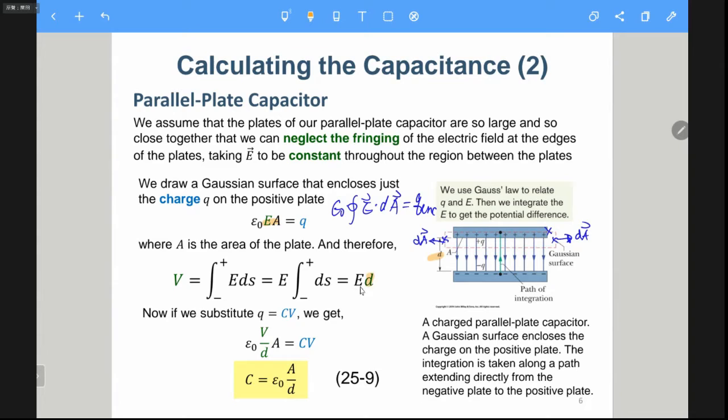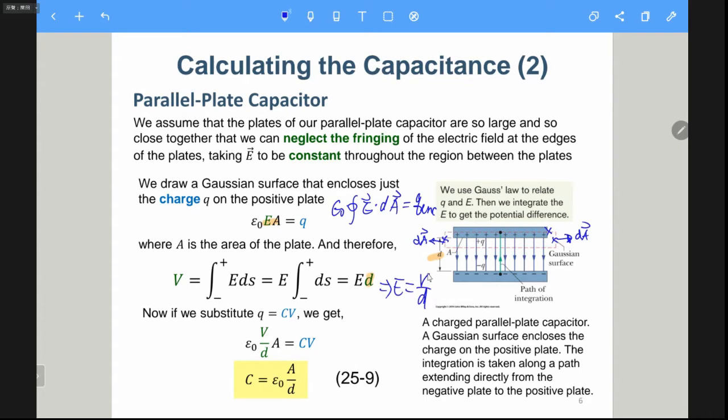So we have E times d equals V, and we also have this expression for E, so we can eliminate E. Q equals CV, which is the definition of capacitance, so we plug CV in here, and we have epsilon naught E A equals CV, with E equals V over d.